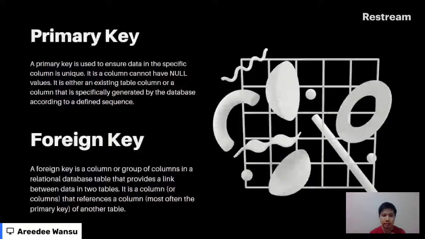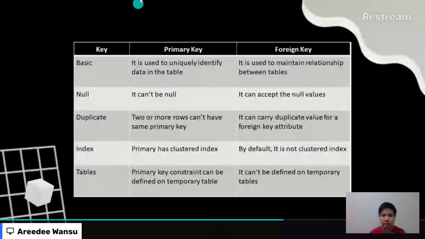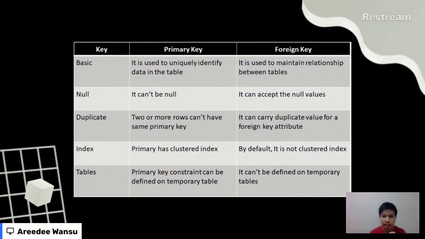So here is the comparison that I have said. The comparison between the primary key and foreign key. Basic: a primary key is used to uniquely identify data in the table, while a foreign key is used to maintain relationship between tables. Null: a primary key cannot be null, while a foreign key can accept null values.